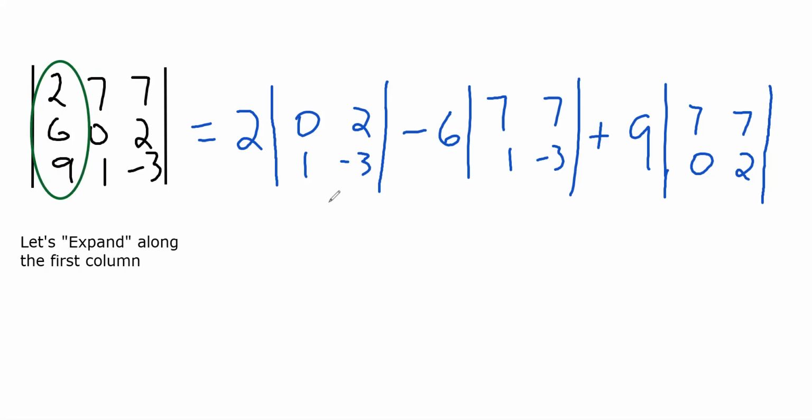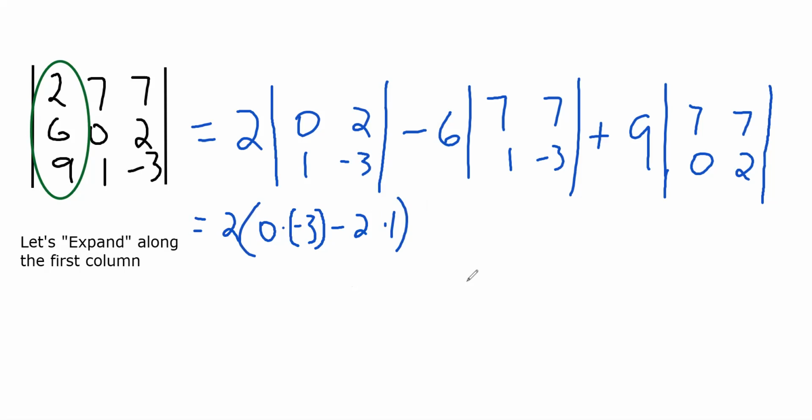So now let's rewrite each 2x2 determinant. We've got 2 times, in parentheses, 0 times negative 3 minus 2 times 1. And hopefully we will not run out of space. You're going to have to be something of a whiz at arithmetic here.